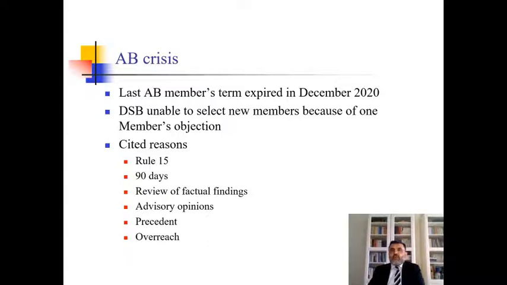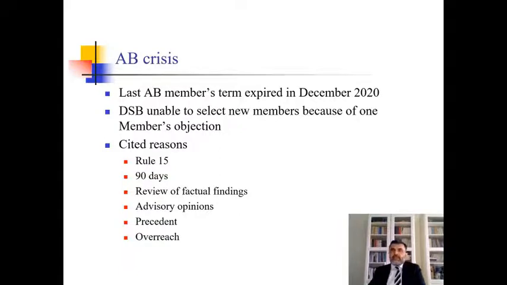Now, what were the reasons cited by the United States? One of them was the famous Rule 15 in the appeal procedures, which allows an outgoing appellate body member to continue serving, right, after the expiry of his or her term, until the end of a case of an appeal to which that member has been appointed.